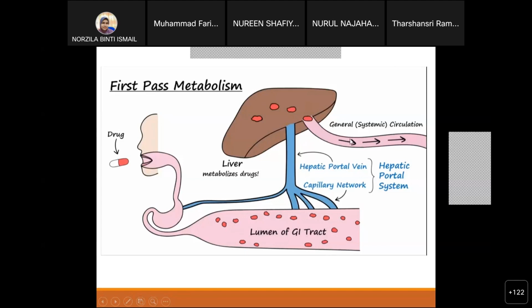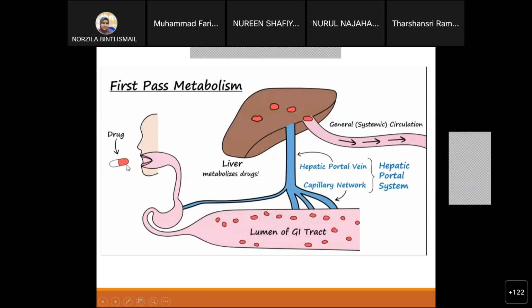Normally for oral drugs that enter the GI tract first, they will undergo metabolism by the liver first. Then usually the unchanged drug that goes to the circulation after that will not be 100%.